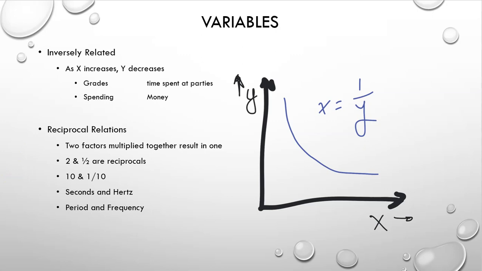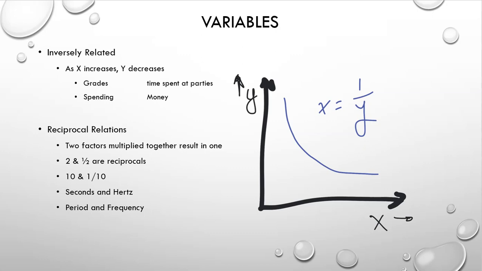Okay, reciprocal relations are two factors that multiplied together are going to result in one. So the easy examples are 2 and a half. Those multiplied together equals 1. 10 and 1/10 equals 1. When we get into ultrasound, we start talking about things that multiply together, such as seconds and hertz.